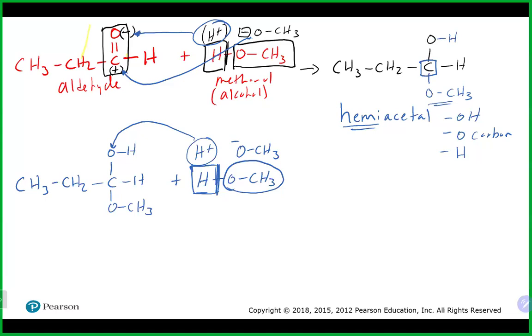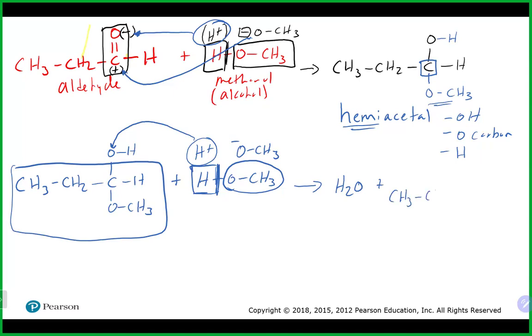That's going to pop off that OH as water. So those two guys are going to come together and make water. And then that water comes off, and everything else here stays exactly the same.